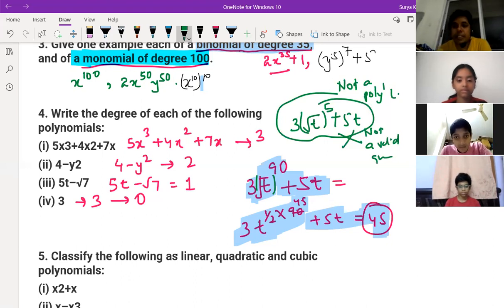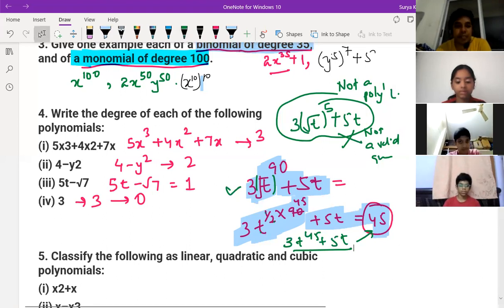So this example is actually not a polynomial, but we have converted it into polynomial form. Root t to the power 90 is nothing but t to the power 1 by 2 into 90. So it became 3t to the power 45 plus 5t. So here the degree is 45. Clear? Okay, very good.